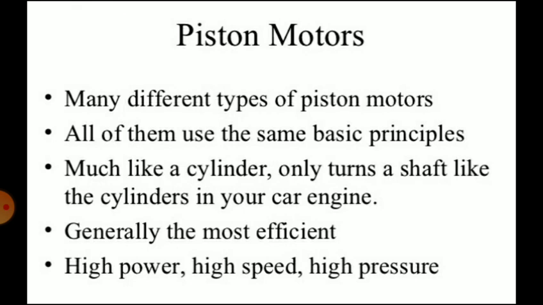Then the piston type motor. Piston type motors are the most commonly used motors in hydraulic systems. They are the same as hydraulic pumps, except they are used to convert hydraulic energy into mechanical energy, meaning rotary motion. This is a radial piston motor and it operates in reverse of the radial piston pump.